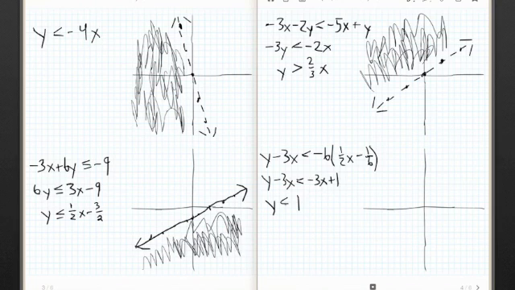Y is less than 1. There is a horizontal line. We find the line where y is 1, which is this line right there. But before you draw it in, remember that because it is not equal to 1, it is only less than 1, we're going to use a dashed line.